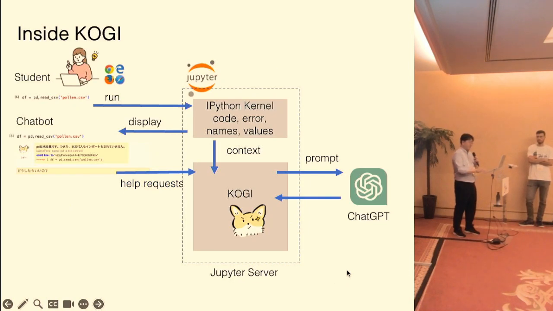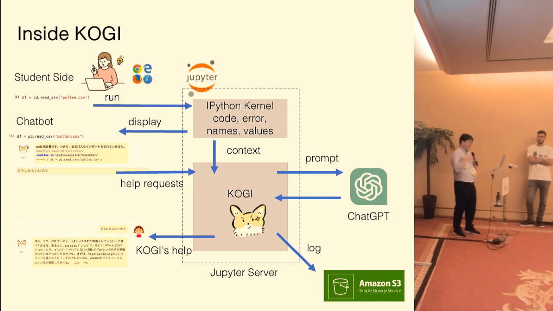ChatGPT returns the answer, and KOGI directly returns it as KOGI's help. In the current implementation, we do not filter any response from ChatGPT, but in the future, we are planning to do some filtering of ChatGPT's output.